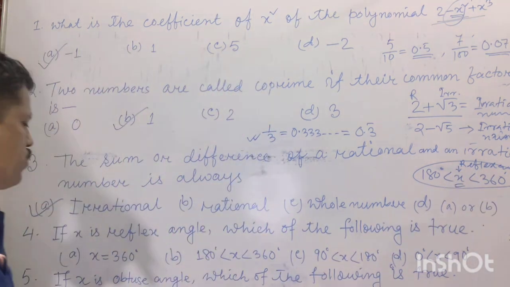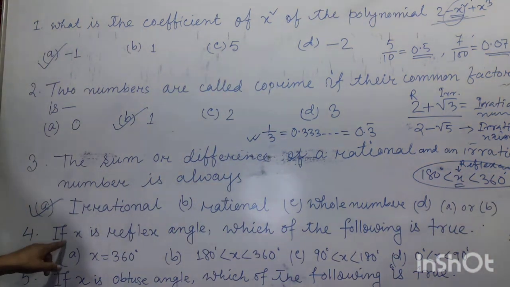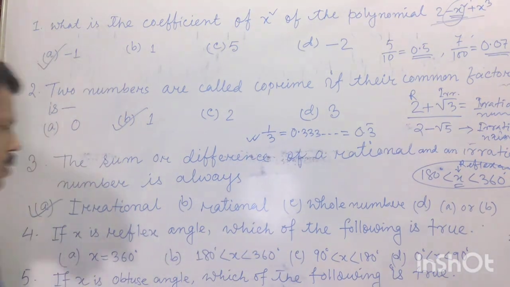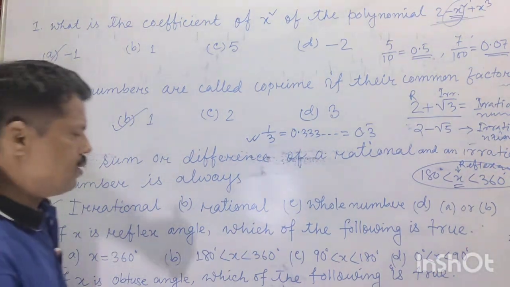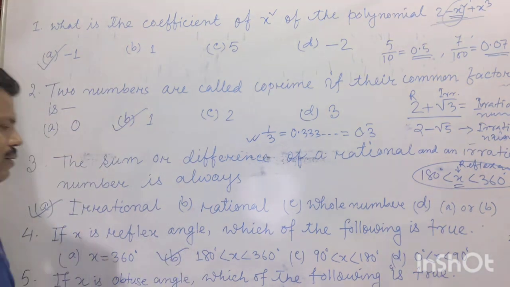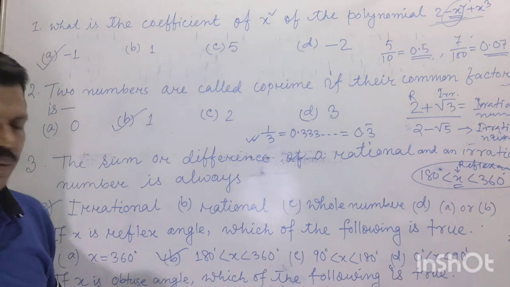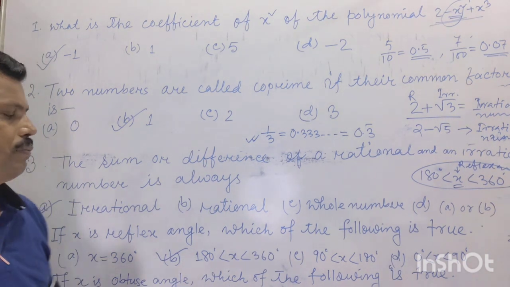So which option is correct for this question? If x is a reflex angle, which of the following is true? Then option B is correct: 180 degrees less than x less than 360 degrees, where x is a reflex angle.